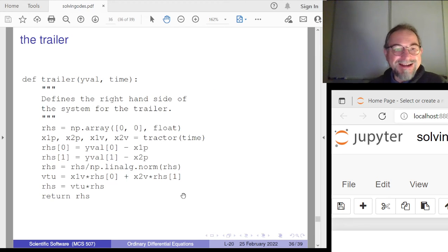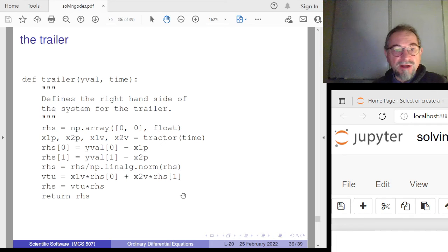Then the trailer calls the function tractor. The trailer will be passed to the ODEInt, but the trailer calls the tractor function. In a way, this is nice to illustrate the flexibility of working with ODEInt. You define functions that can call other functions.